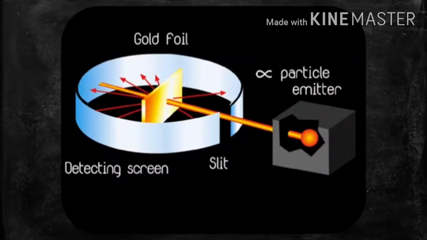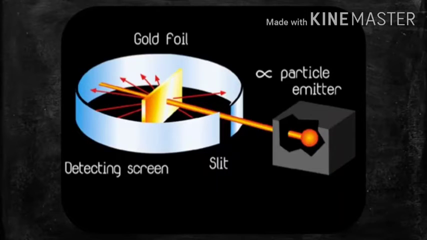It was expected that alpha particles would get reflected from the gold foil if the positively charged mass were evenly distributed inside the atoms. Unexpectedly, most of the alpha particles went straight through the foil. A smaller number of alpha particles got deflected from the original path through a small angle.